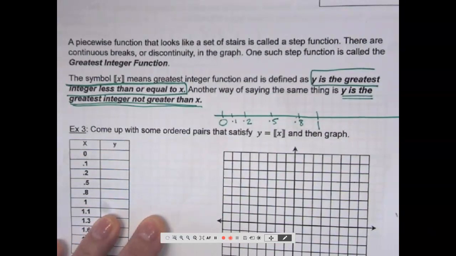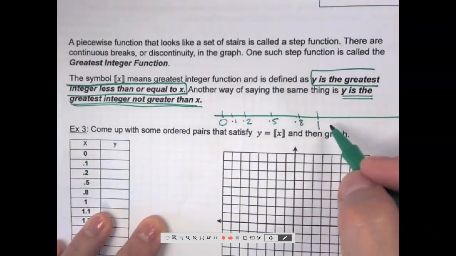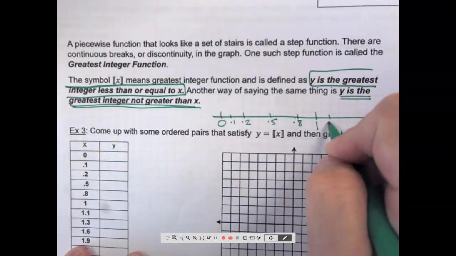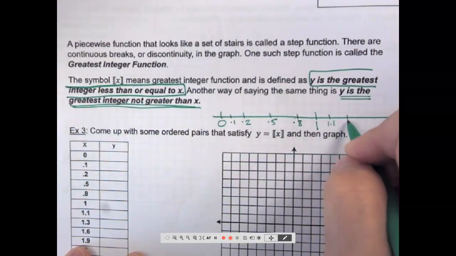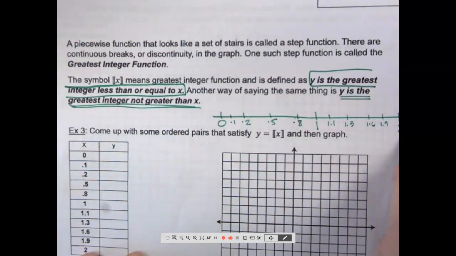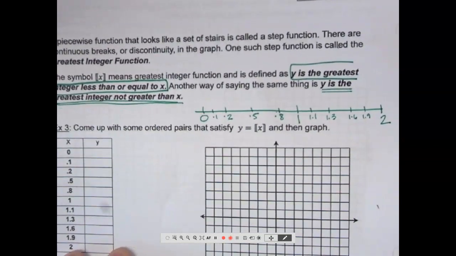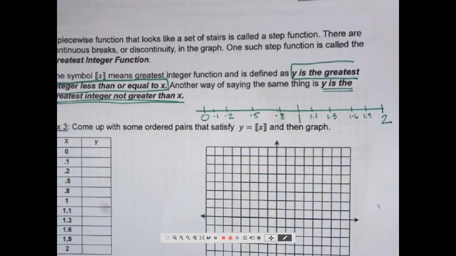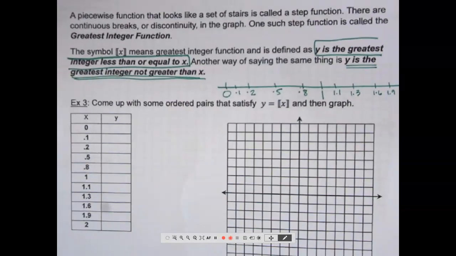Those are the numbers that I have in the table over here. And then I have 1, and then I have 1.1, 1.3, 1.6, 1.9, and 2. So all those weird little decimals I'm just getting from the table over here on the left.